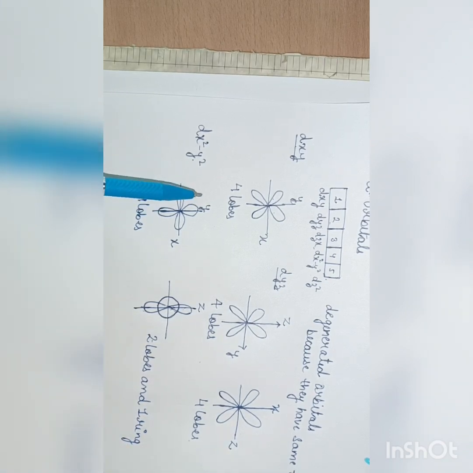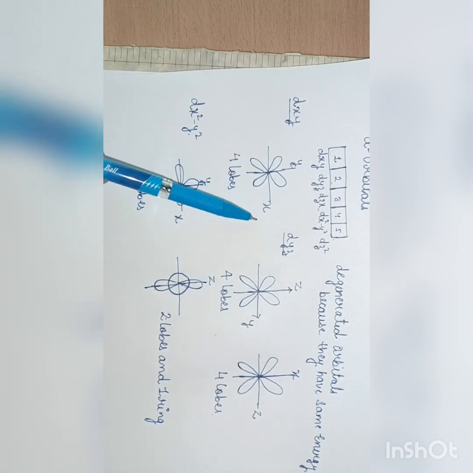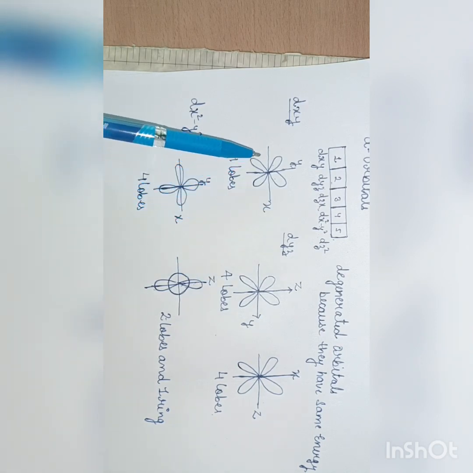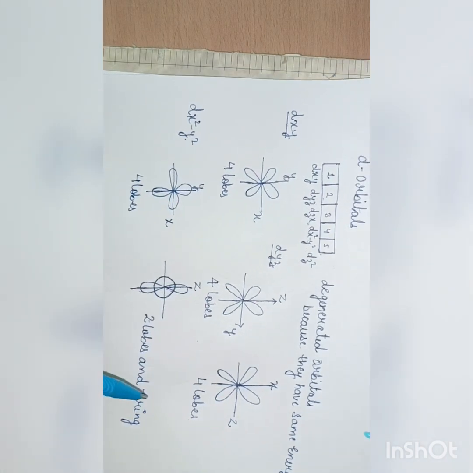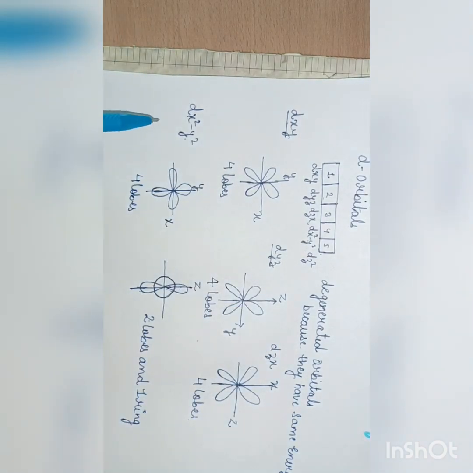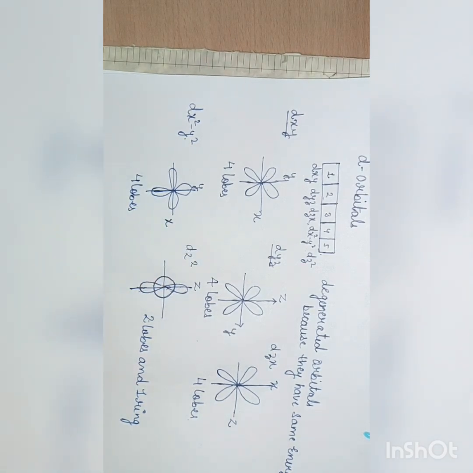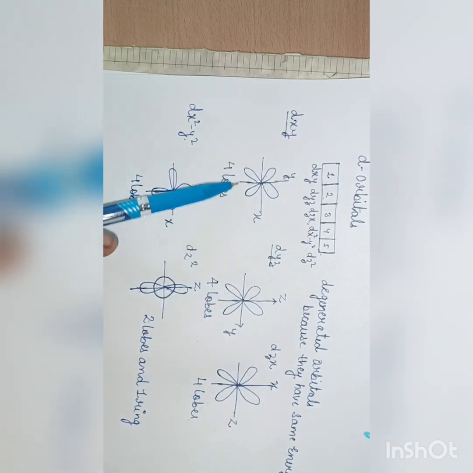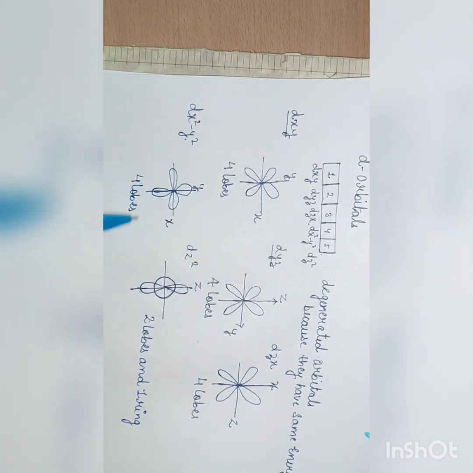So here we have drawn the d orbital shapes, the orbitals of dxy, dyz, dzx. This is for dx square minus y square and this is for dz square. If we see, these orbitals are present in between the axes and these are present on the axis.